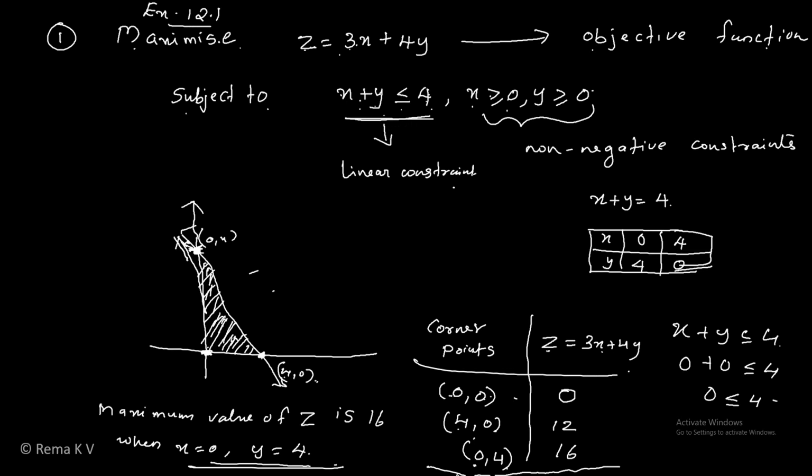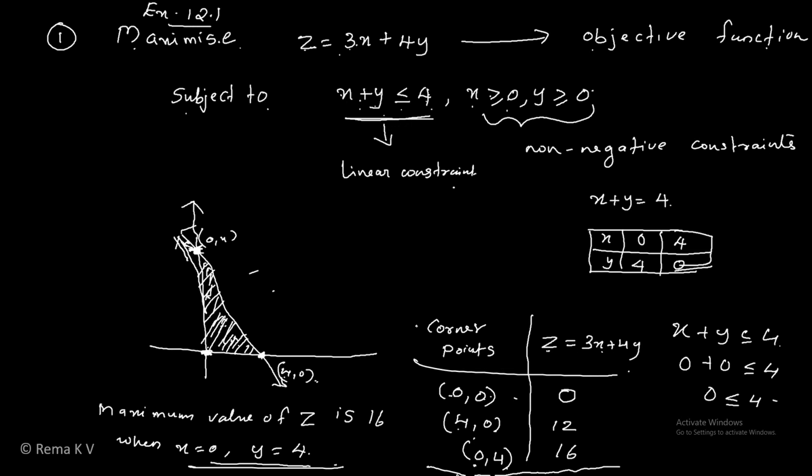This shaded region is called the feasible region. Only this much we have to do. The first step is you have to draw the graph. Then find the feasible region, which means the common region for all the constraints given to us.